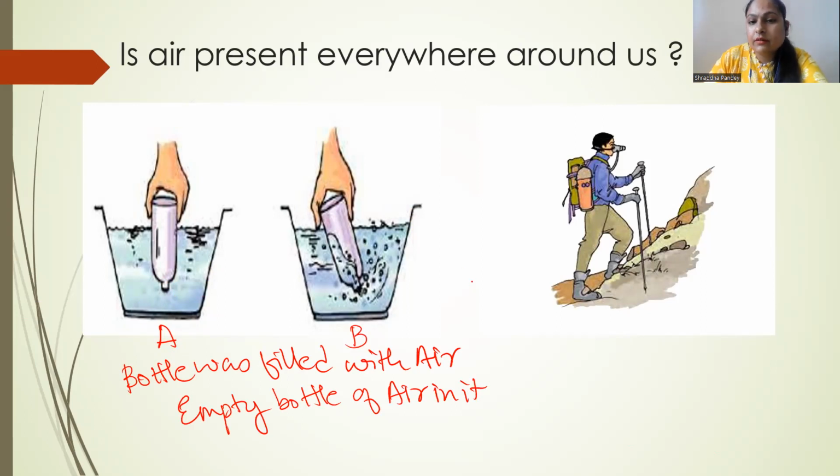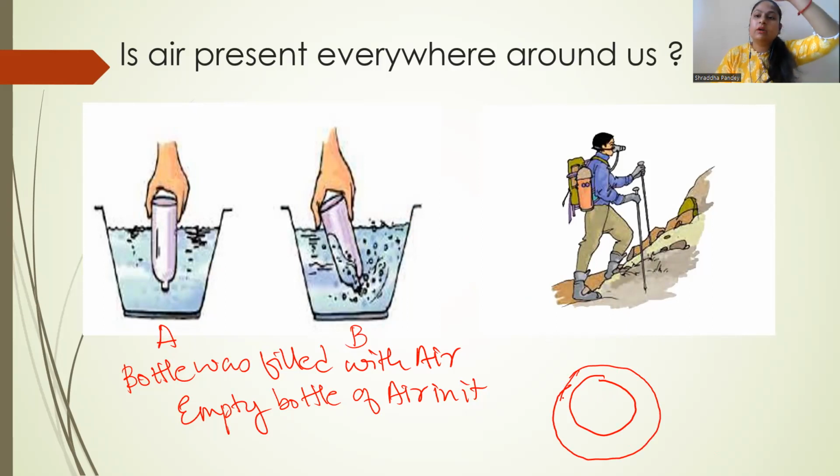Now the atmosphere. Our earth, this is our earth, is surrounded by a thin layer of air. This thin layer of air extends from the surface of the earth to the outside of the earth.